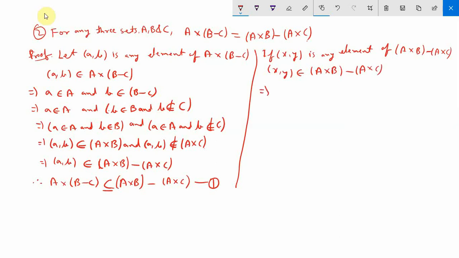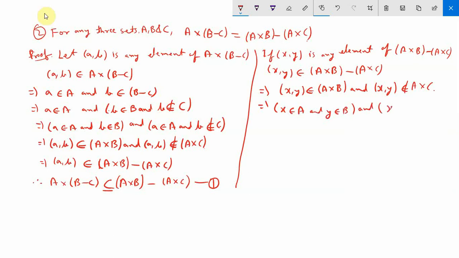Okay, so this can be written as (x, y) is an element of A × B and (x, y) is not an element of A × C. This we can write as x is an element of A and y is an element of B and x is an element of A and y is not an element of C.